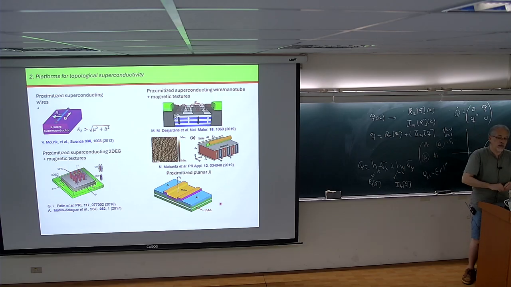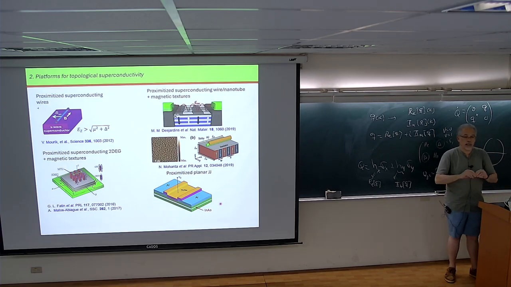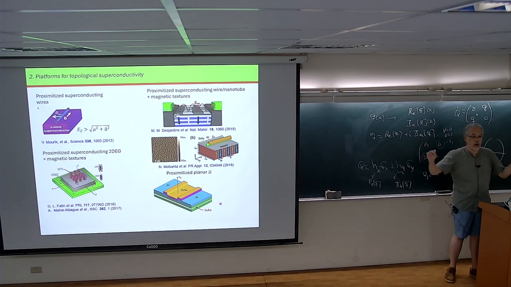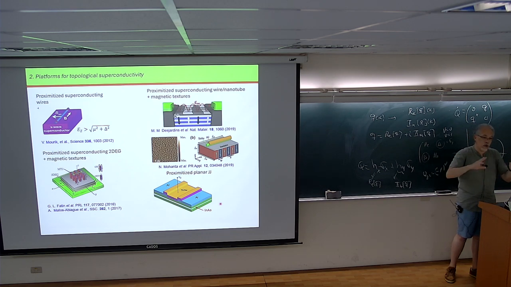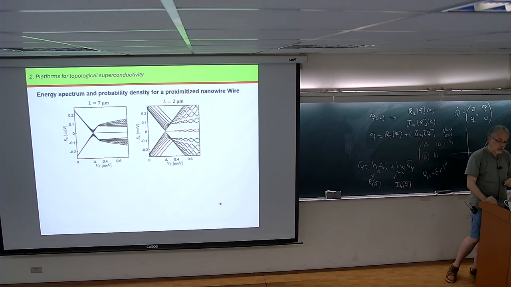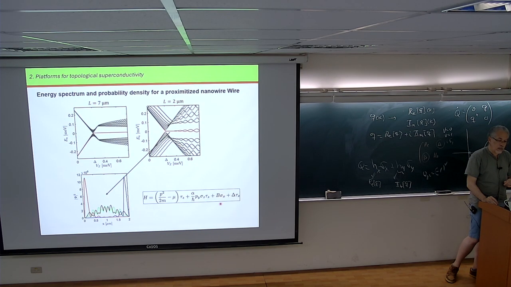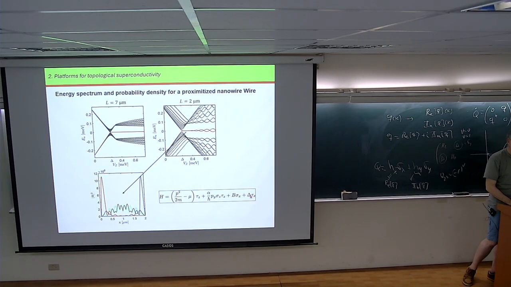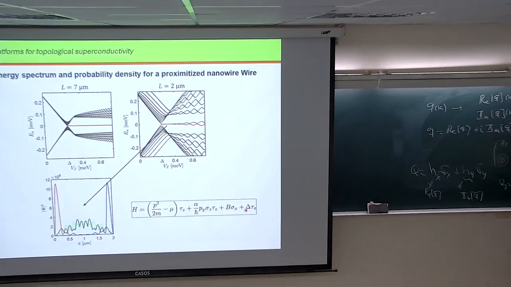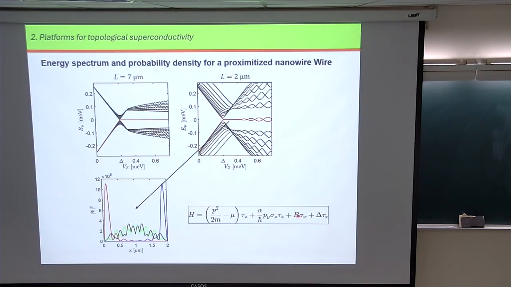So if you make this Kitaev model for a wire now, not with a p-wave Kitaev, but just considering a Hamiltonian, this is a 1D Hamiltonian, okay, with conventional superconductivity, delta constant. We have a spin splitting, so this is the Zeeman interaction B with sigma. B is the magnetic field along the x-axis, and we have Rashba spin orbit coupling. Okay?